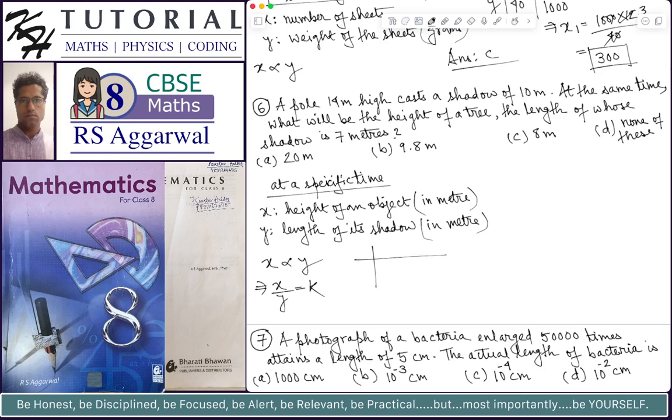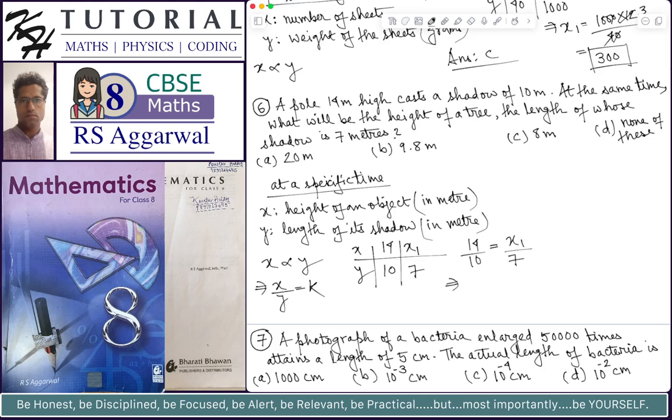It is given that a pole of 14 meter high casts a shadow of 10 meter. So 14 and 10. And then at the same time, what will be the height of a tree? So let's say the height of the tree is x1 meter. And it is given that the length of whose shadow is 7 meters. So we have 7. So now we can say 14 by 10 is equal to x1 by 7.